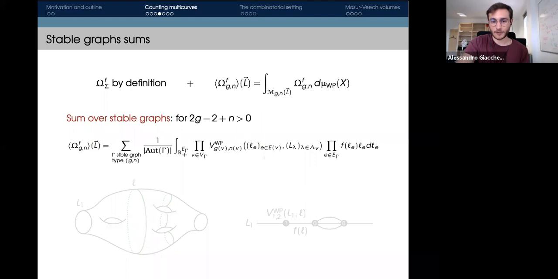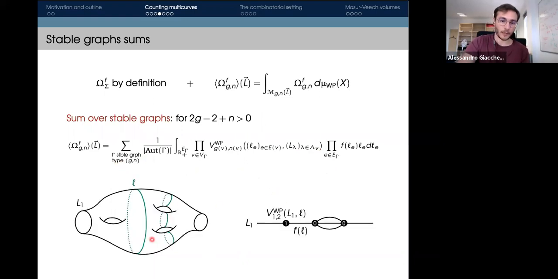So here there's a lot of notation I will not be able to explain. If you don't know what a stable graph is, it's not important, but the main idea is that for every multicurve you have in the definition of omega, when you take the quotient by the mapping class group, the only things that will matter are somehow the components that you get when you cut the surface along these curves.